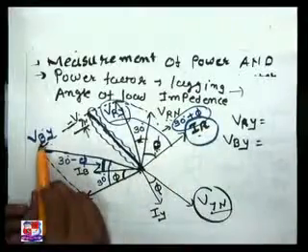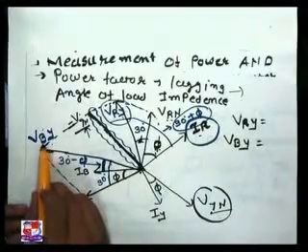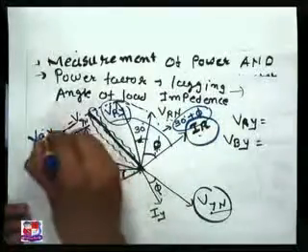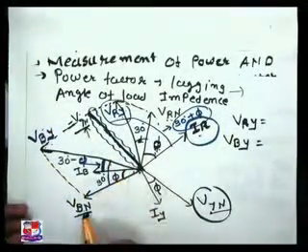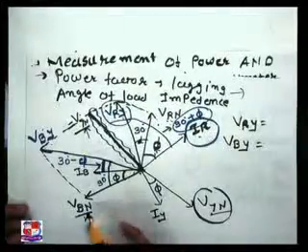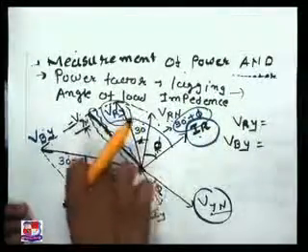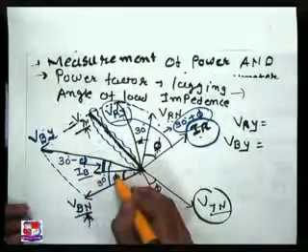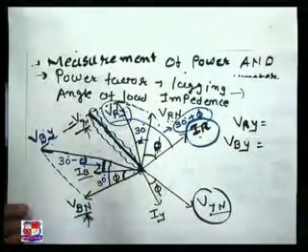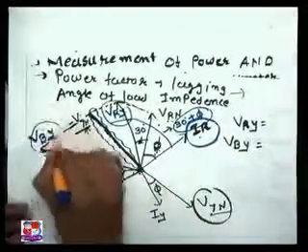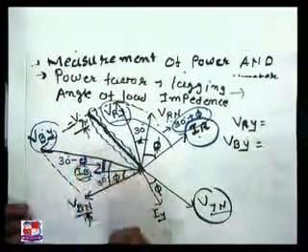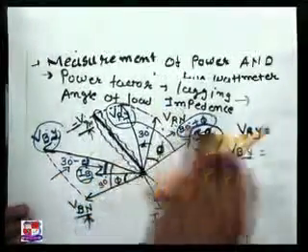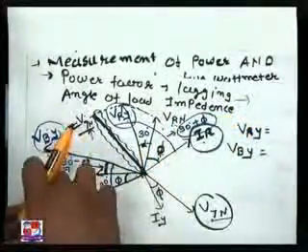The second is VBY, the resultant of VBN, our neutral phase voltage, which is at 30. But VBN and IB is phi, and we have to find the angle between VBY and IB, so it will be 30 minus phi. You have to remember this 30 plus phi and 30 minus phi.